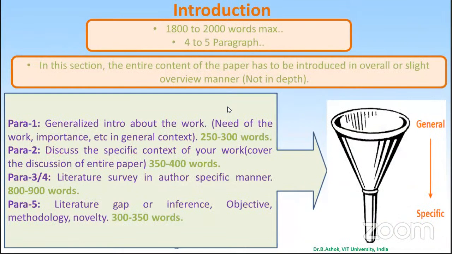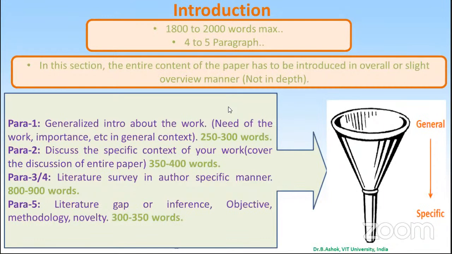This way, from too much general discussion you have to narrow down towards your topic. That is the requirement in this section. Paragraph 1 is a general introduction, and paragraph 2 is specific to the context of your work.